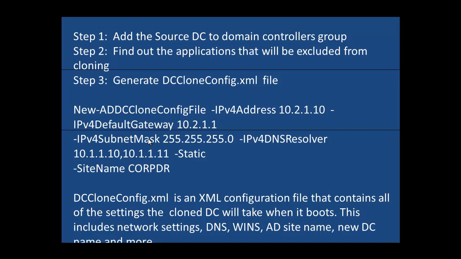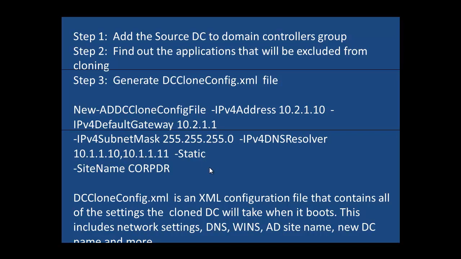And when the new cloned machine boots, these are the attributes that it is going to boot with. You can also configure this file manually, and we'll show you how you can do that. So that DCCloneConfig file is going to be the result of running the New-ADDCCloneConfigFile cmdlet.